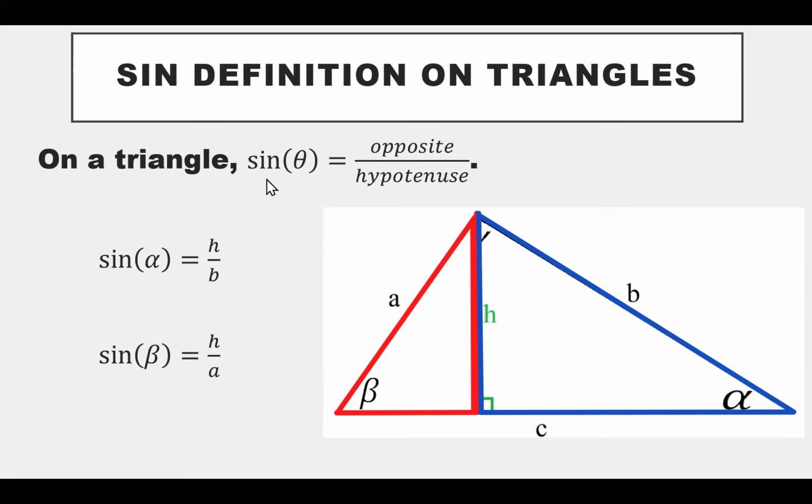For the triangle with beta, the side opposite is h and the hypotenuse is a. So sine of beta is h over a. Similarly, for the triangle with alpha, the side opposite is h. The hypotenuse of this triangle, the one we've labeled in blue, is b. So sine of alpha is h over b.